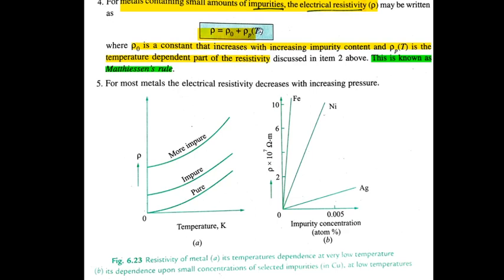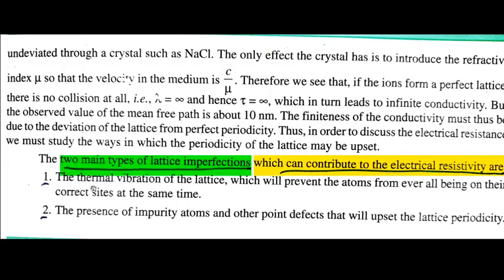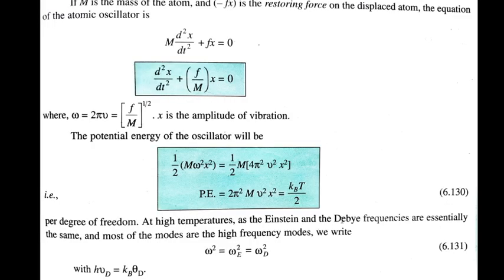So the lattice vibrations, or the temperature dependent component of resistivity, depend on two parts. One is thermal vibration and the second is impurity atoms, which create a permanent defect in your lattice pattern and periodicity, and that is how the lattice vibrations affect the resistivity.